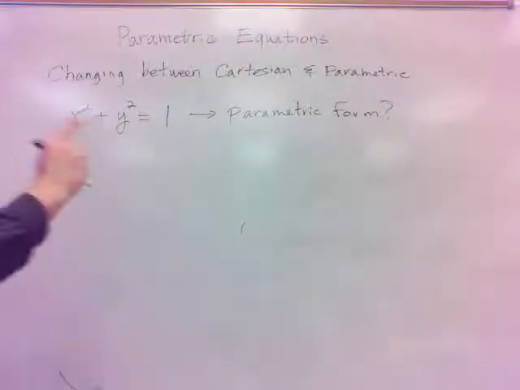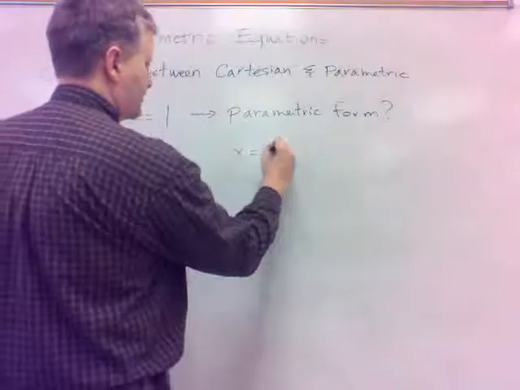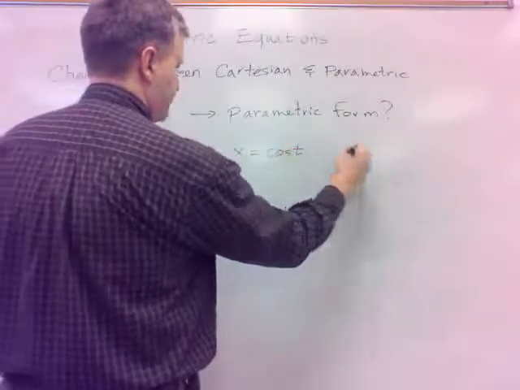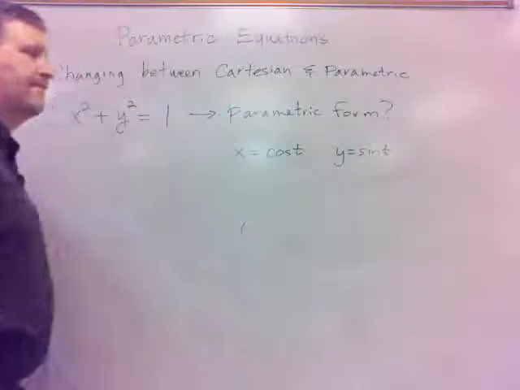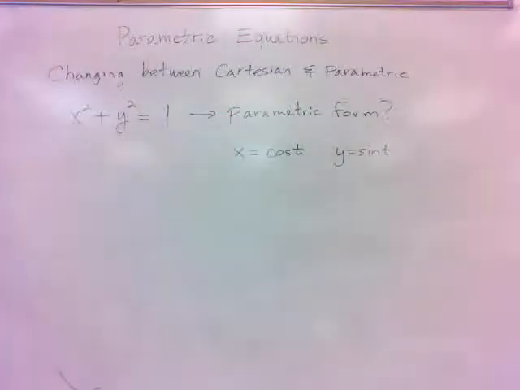What if I said x was cosine t, y was sine t? Would that match up with this one? It would, because x squared plus y squared equals 1. Isn't that true about our parametrics there?